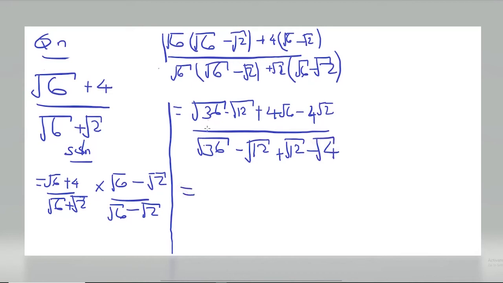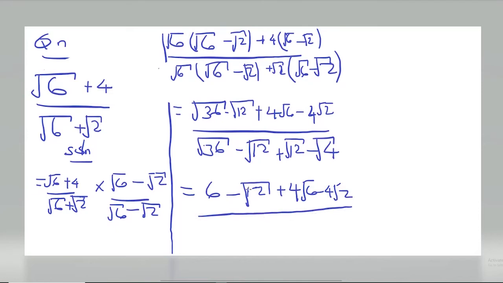Now root of 36 is 6, minus root 12 plus root 12 is equal to 0, which is 0 minus 4.